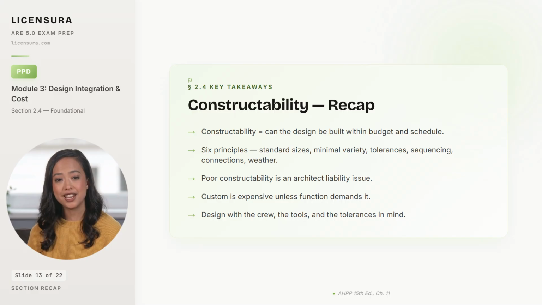Poor constructability is an architect liability issue, not a contractor problem, because the architect is the only party that controls the design at the moment constructability is determined.